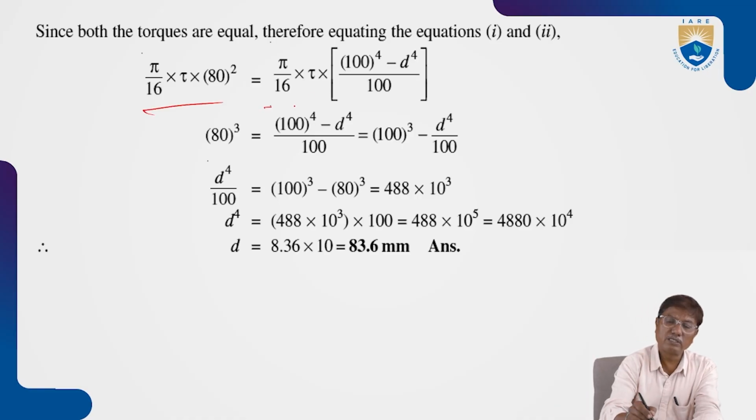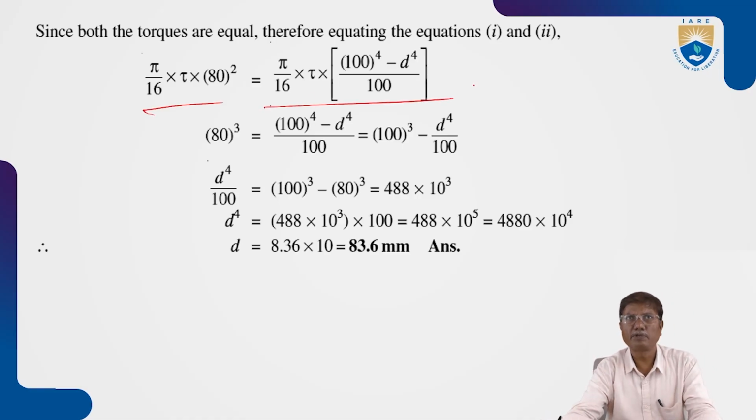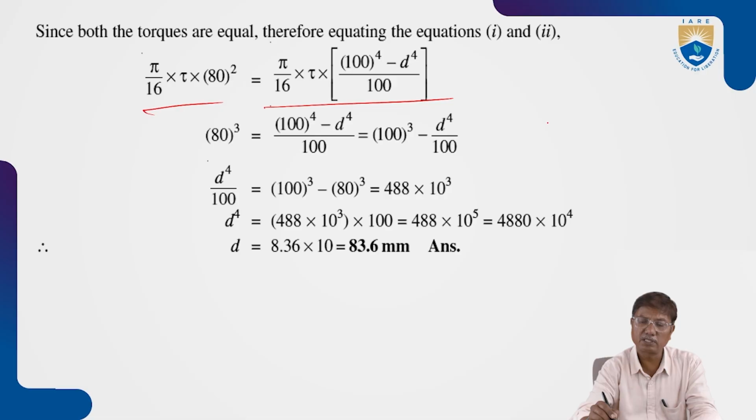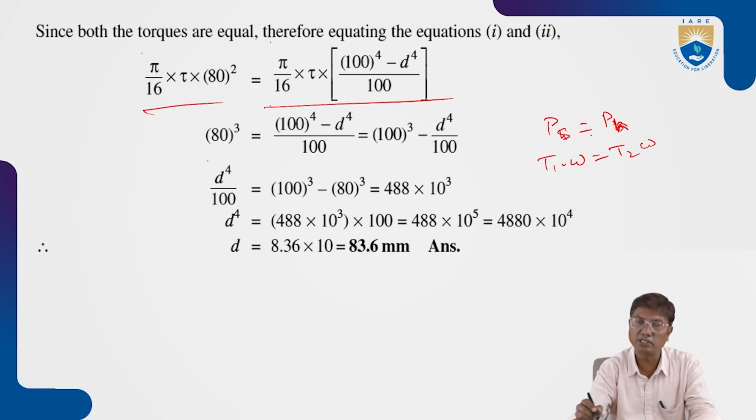And what we know is the power transmitted is the same for both. That means T1, solid and hollow. Let us take this way: T1 into omega, the angular velocity, equal to T2 into omega, that is the power transmitted.